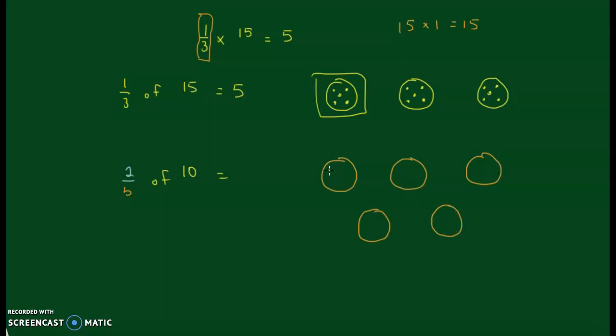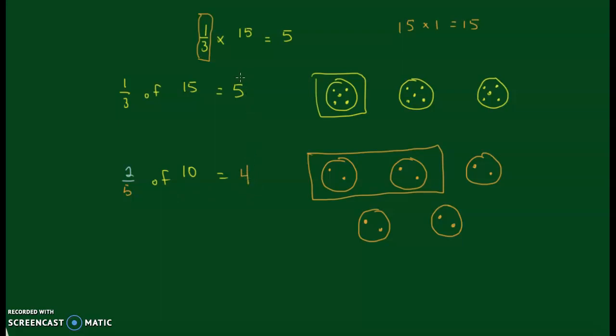And I'm going to separate the 10 into those 5 circles. And for 2/5, I'm going to look in 2 of the circles, and that is 4. So 2/5 of 10 is 4.